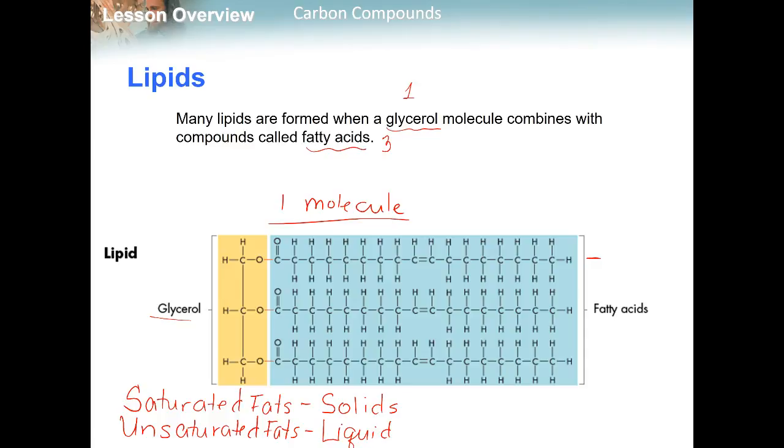When we talk about saturated versus unsaturated, saturated means that every carbon is holding two hydrogens in the way that they bond, where unsaturated means there's some carbons that are not.